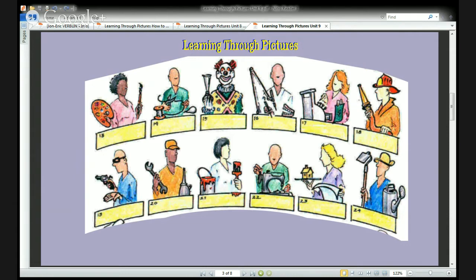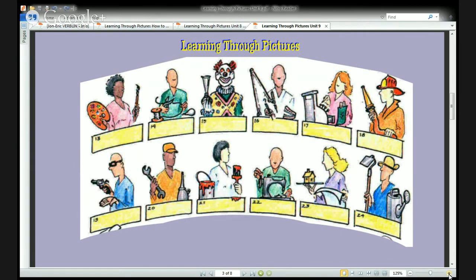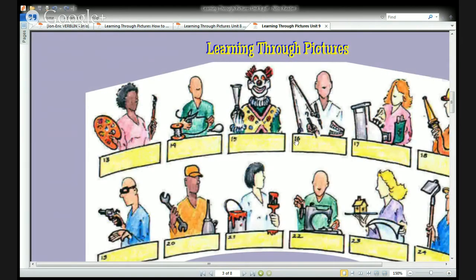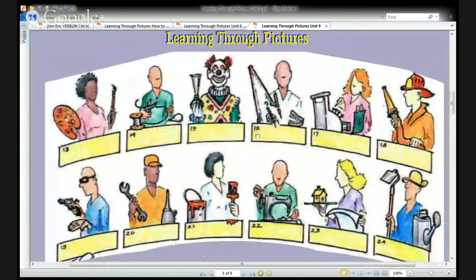What's the job of the person to the right of the artist? Good. Giuseppe? It's not clear because I guess he's a doctor, a surgeon. Well, not exactly. What's he cutting? Can you see what he's cutting?